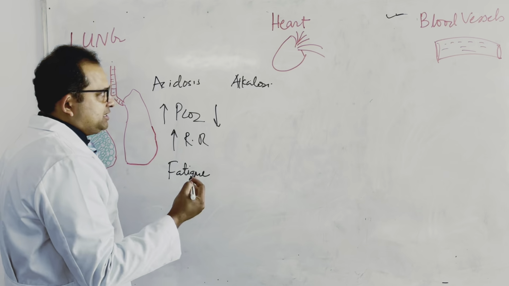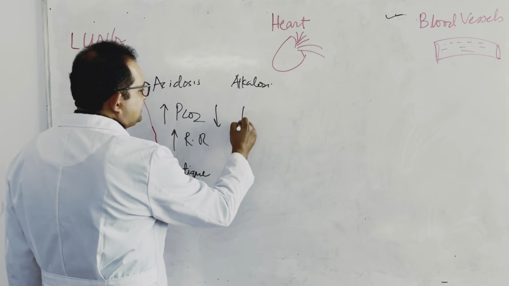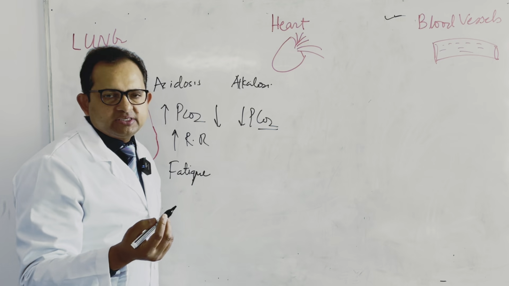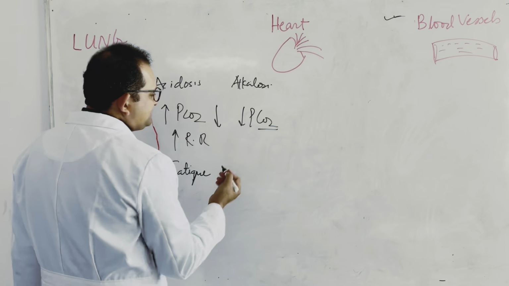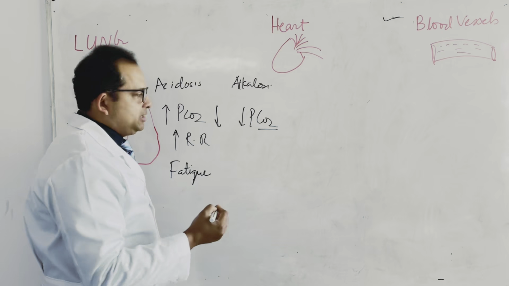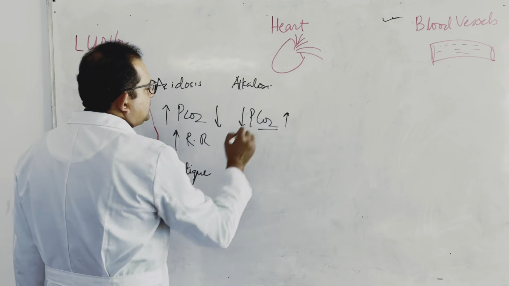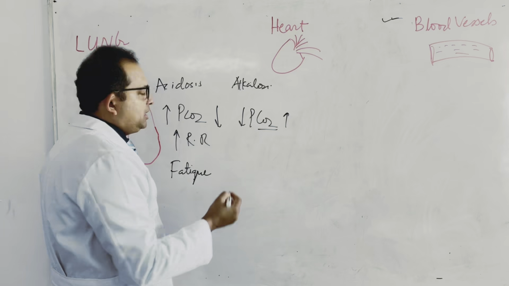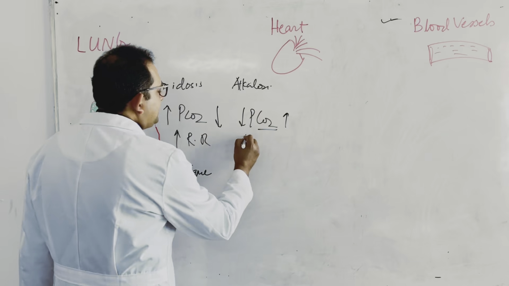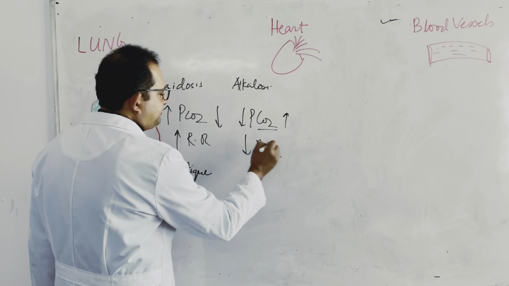Now conversely, in alkalosis, the PCO2 will decrease. We have already studied that in the previous lectures. When the PCO2 decreases, the body will try to increase it. How will it increase it? It will start retaining carbon dioxide by decreasing the respiratory rate.